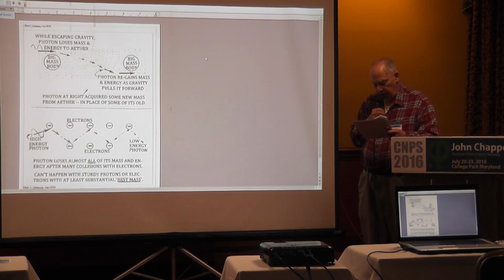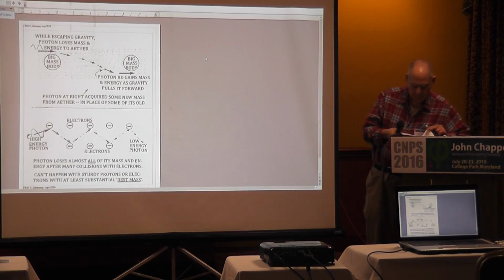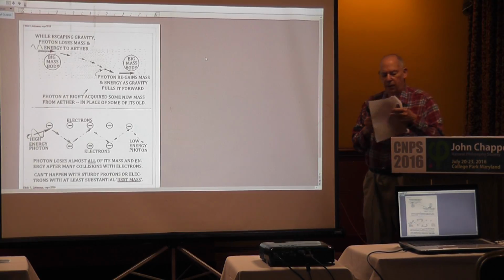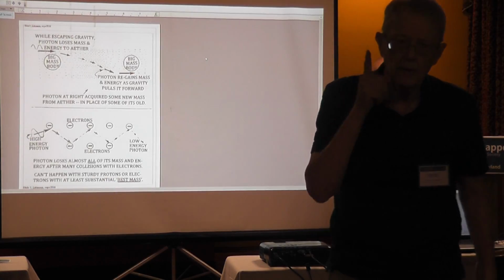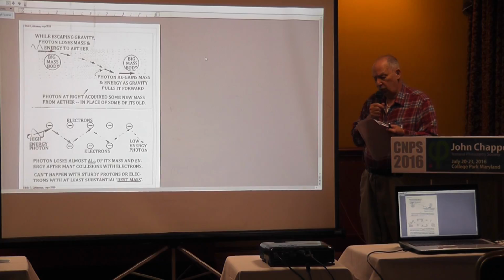But in his second paper, he just said in effect this: if a body emits radiation or a photon with energy E, the emitting body loses a mass given by the emitted energy E divided by the speed of light squared.